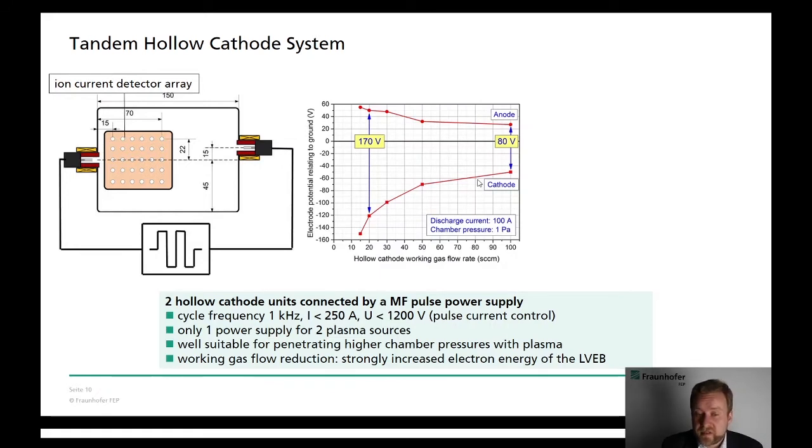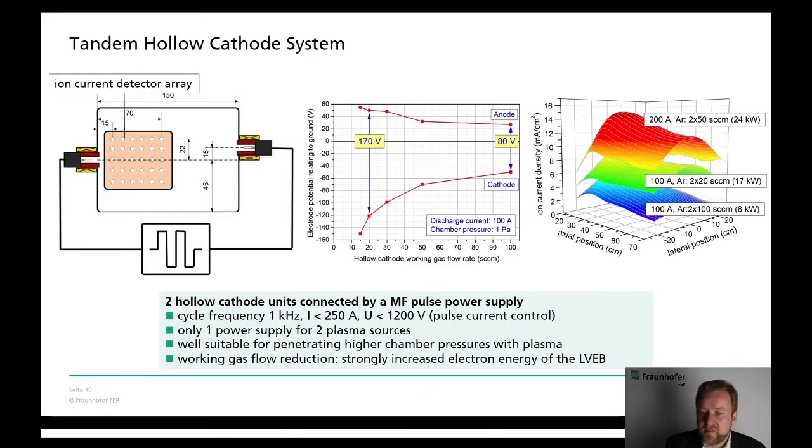We have the same behavior as for a single source configuration. As we go down with the hollow-cathode working gas flow rate, the cathode and anode potentials move apart from each other, so the discharge voltage is increased, and at the end also the discharge power, which we can dissipate in the plasma volume.